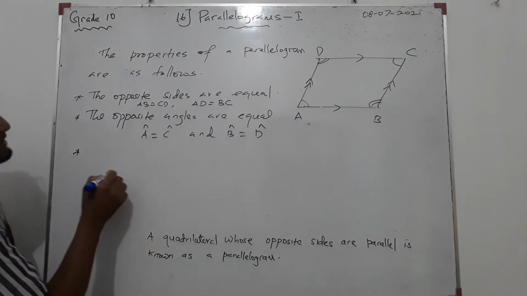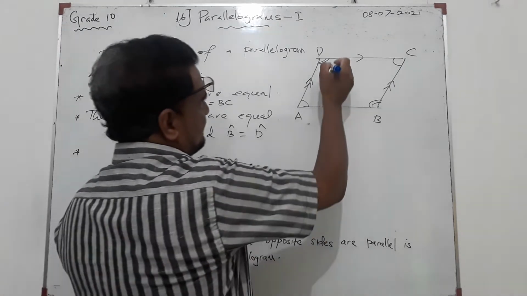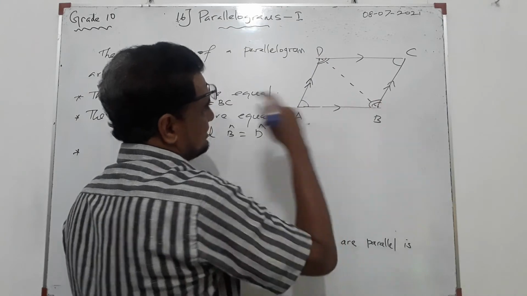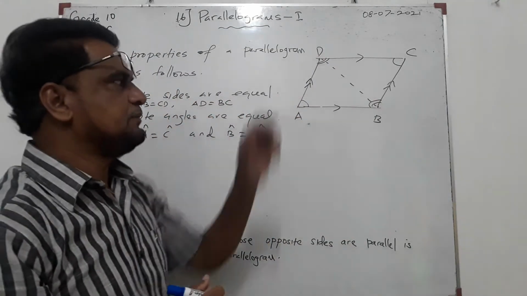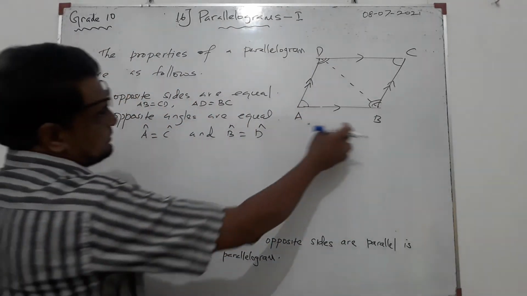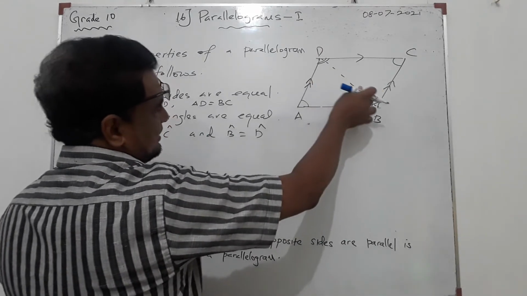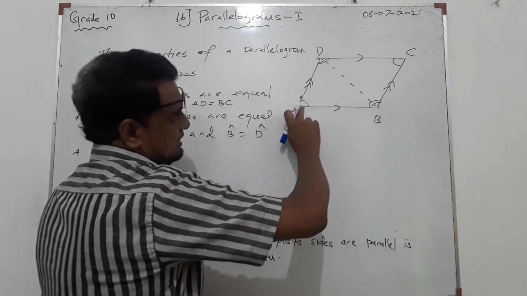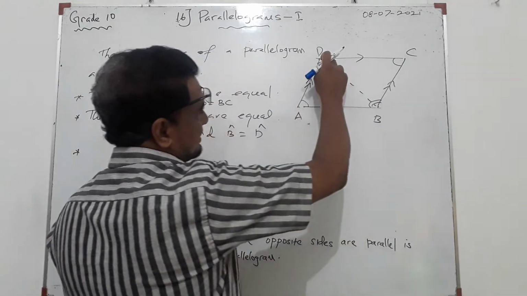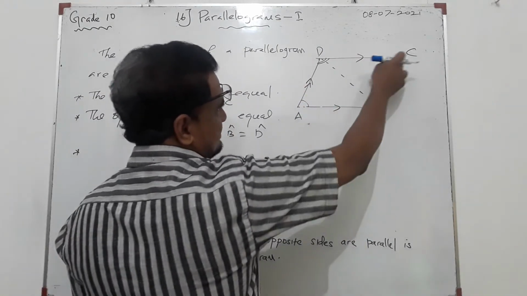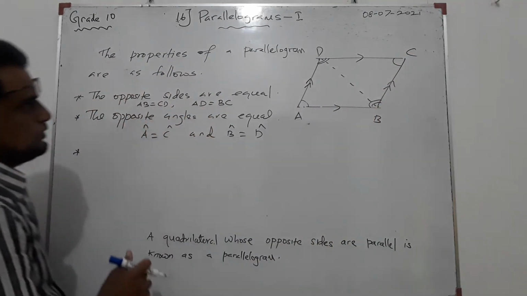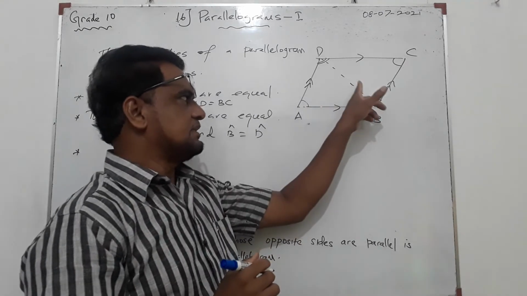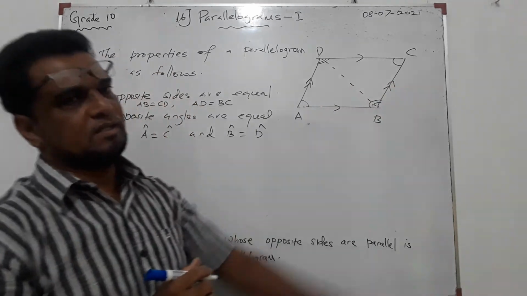The third one is when you connect B to D, you can get a diagonal. There are two diagonals. You get them when you connect B to D, and when you connect A to C. So each diagonal bisects the area of the parallelogram.